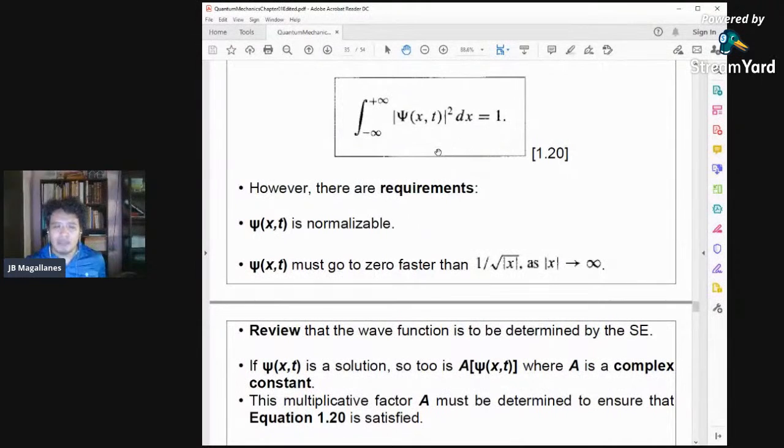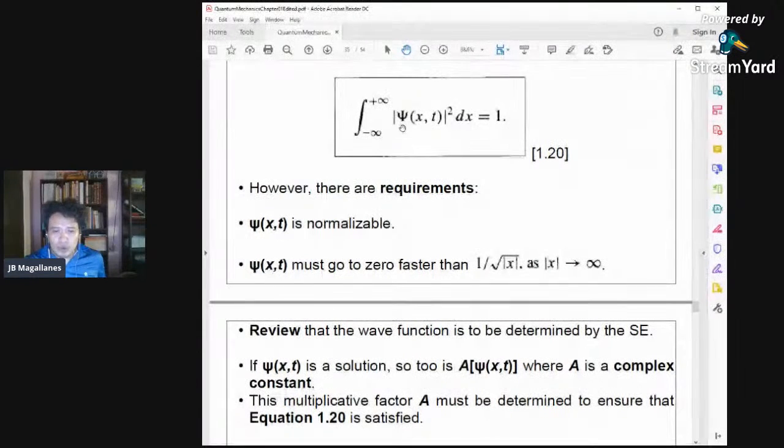So if psi is not normalized, meaning if you only put psi here and the integral is not equal to 1, then you must multiply by a complex constant, a.